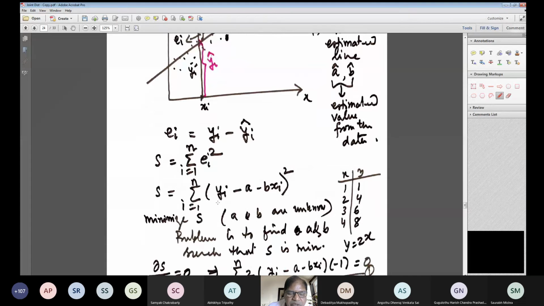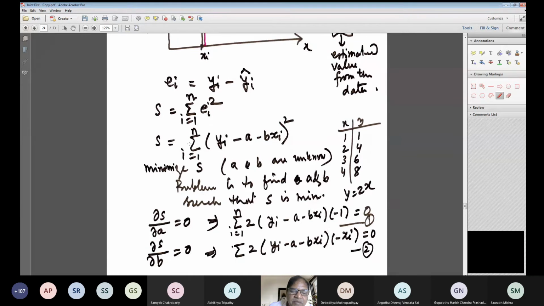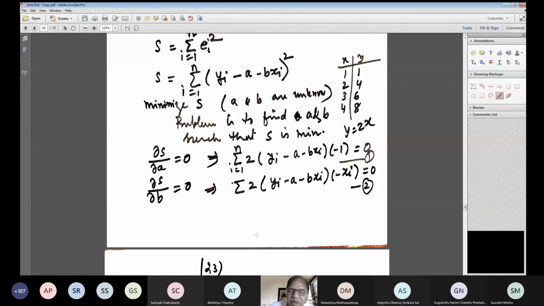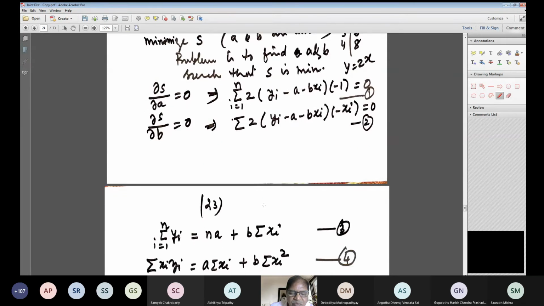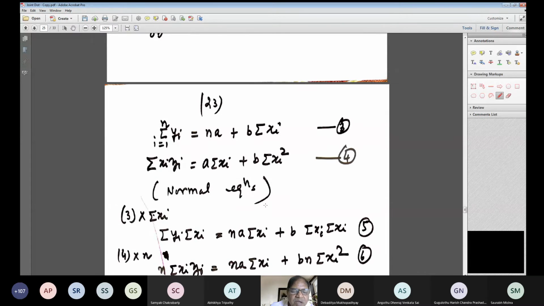So in order to minimize the least square, you differentiate with respect to a and b, take the partial derivatives, and equate to 0. So this is the procedure we follow, and ultimately the derivations are nicely done, so you can go through. And since it has been done in maths 2, there is no need to again discuss.